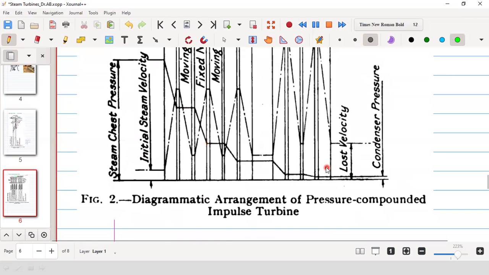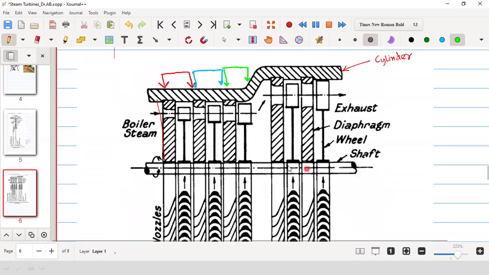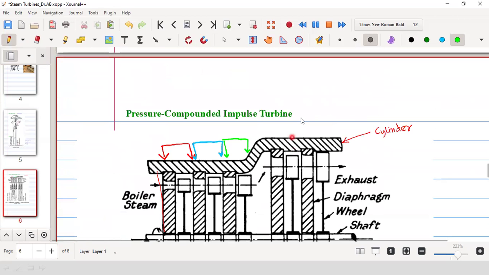So here the pressure is reduced in a number of stages. This turbine is called the Rateau turbine. Earlier we were calling that the De Laval turbine.